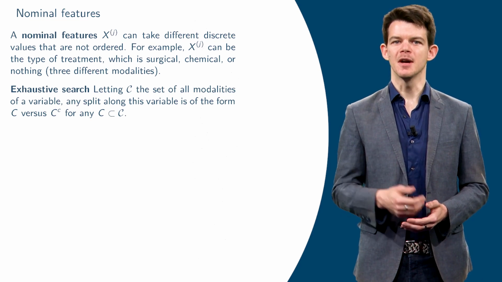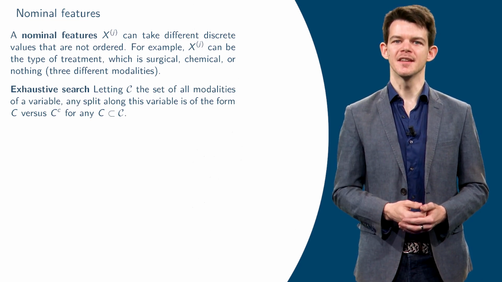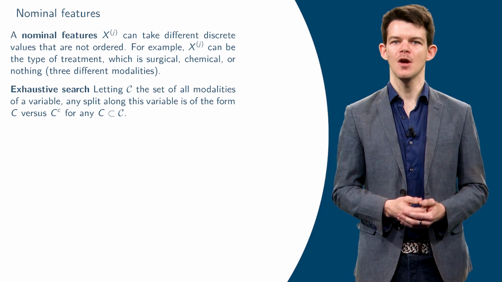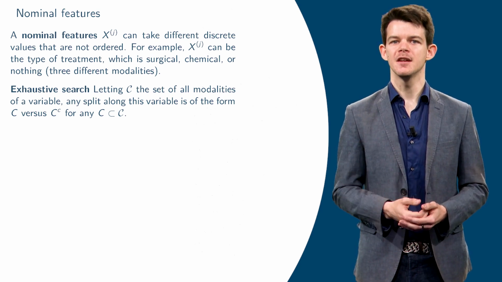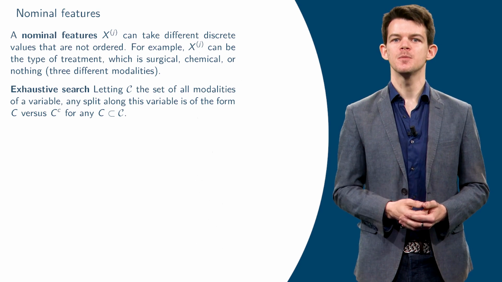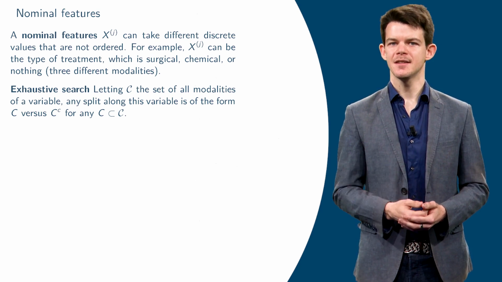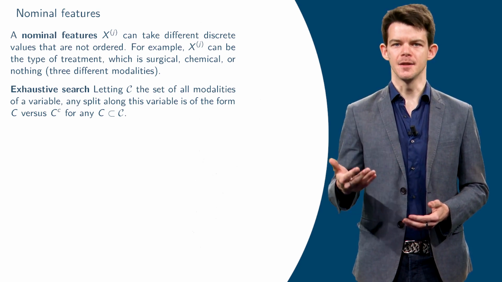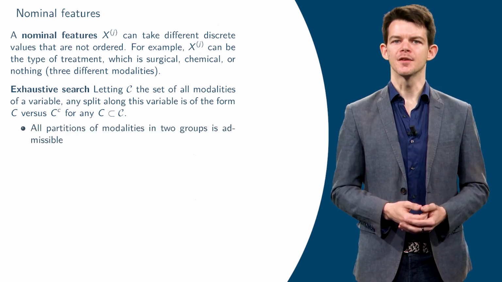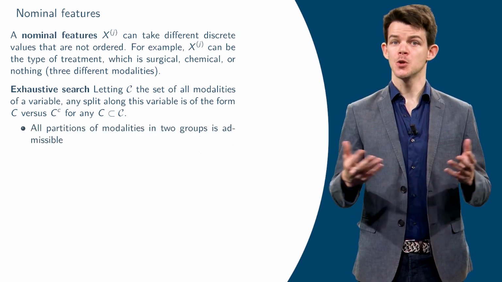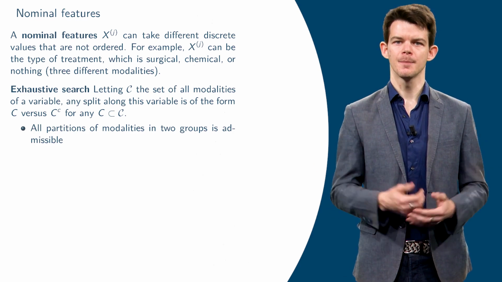Specifically, if we denote by C the set of modalities that can be taken by the variable in question, all cuts of the form C versus C complementary should be considered, where C is any subset of modalities. In other words, all cuts that separate the set of modalities into two distinct groups are admissible.